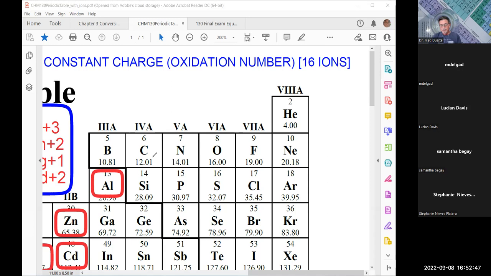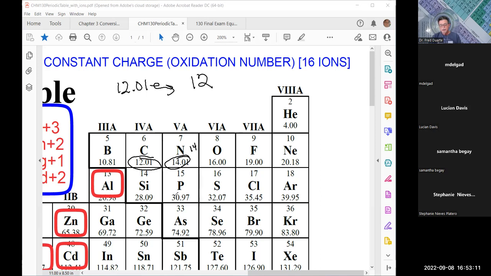Here we have carbon, which has an atomic weight of 12.01. If we round that to the nearest whole number, it becomes 12. For nitrogen, that number is 14.